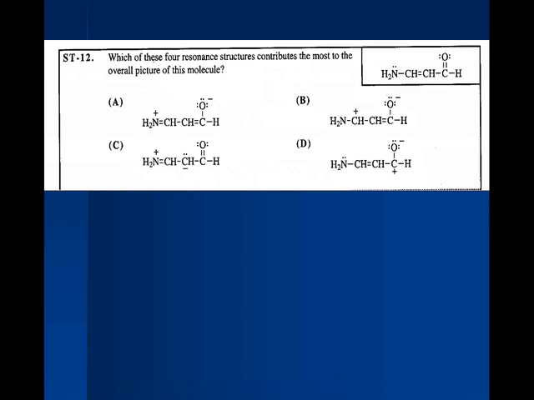D. That'd be the first one I'd eliminate. What else doesn't have an octet? B. The carbon on B also doesn't have an octet. I'd eliminate B and D right off the bat, and so I would go from 1 in 4 odds to 50-50.